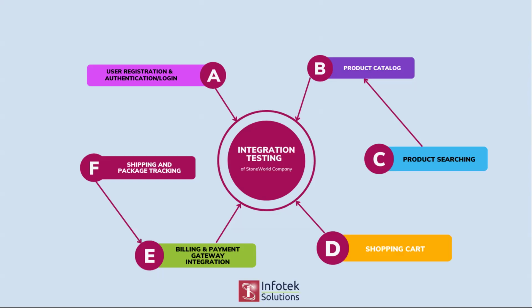Now here's an example: integration testing of a Stonewall company. Number A, the user registration and authentication login module. We can test that. And once you log in, you can go to product catalog testing, and in that, there may be a product searching function also needed. We can test that.